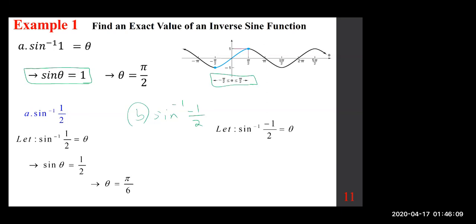So by definition, sine theta becomes -1/2. And again, it's a common arc. You should know the answer is -π/6. Sounds good, class? Any questions? No. Perfect.